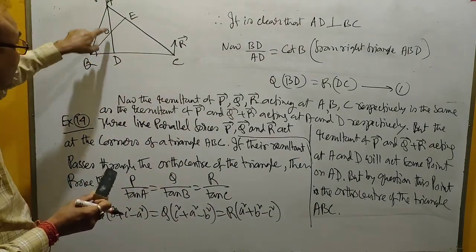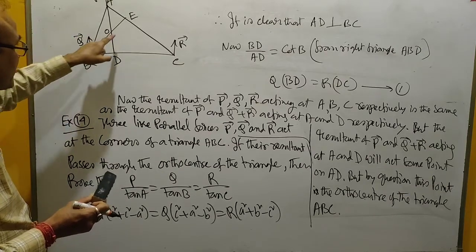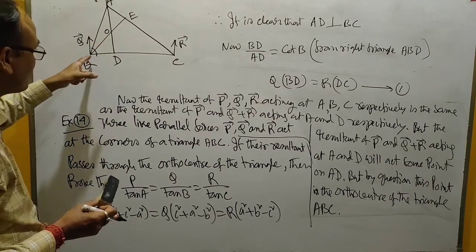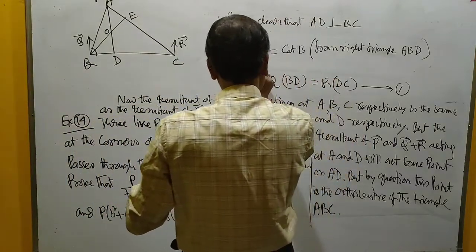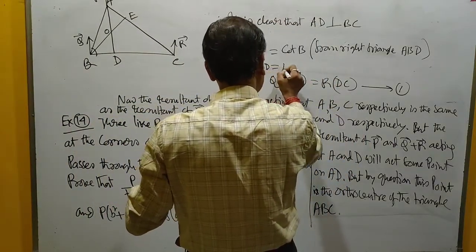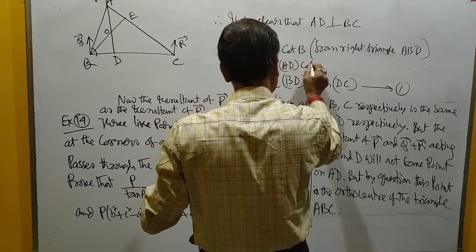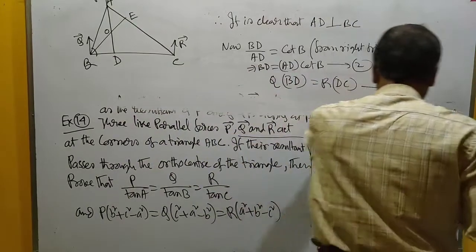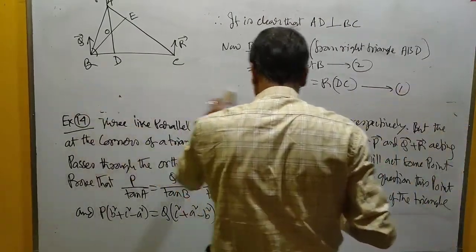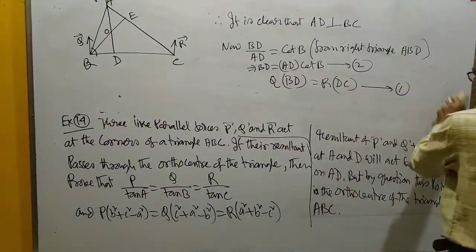Therefore, BD by AD, base by perpendicular, will be equal to cot of angle B. This means BD equals AD cot B. Suppose this is number 2.